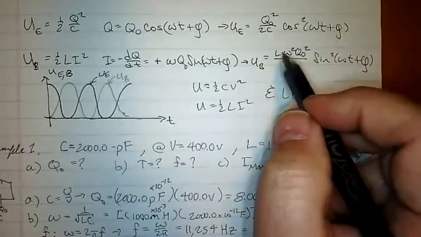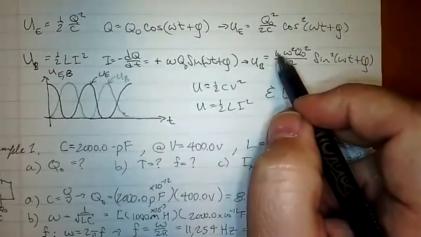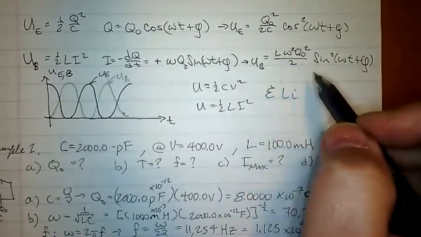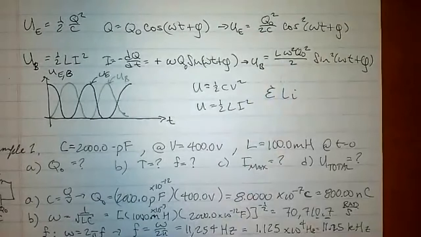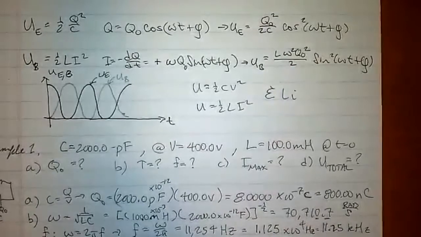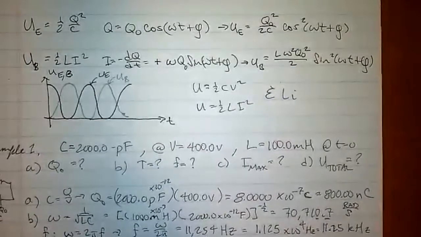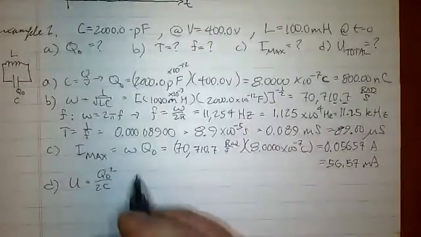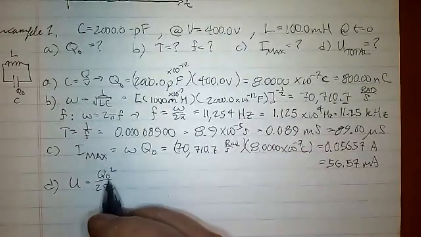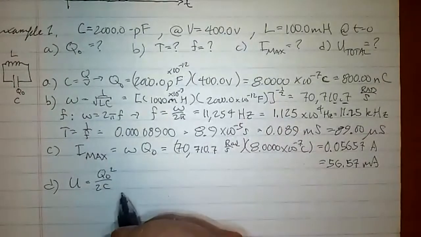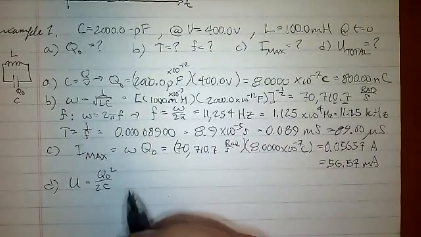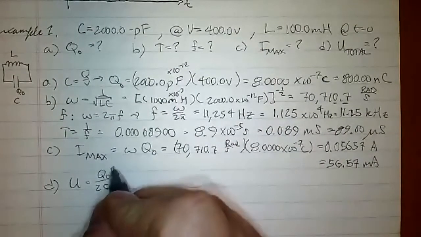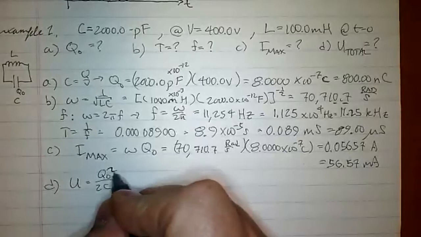But if you could get this L in terms of Q, which you can, then you ultimately find out that the total energy is equal to Q0 squared over 2C. But it could also be basically 1/2 L I max squared. I'm going to use this because I already have these quantities already written here.